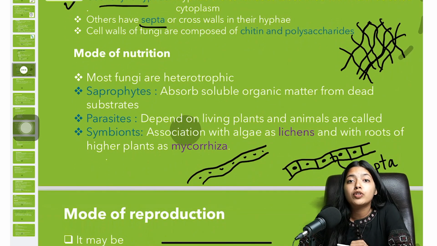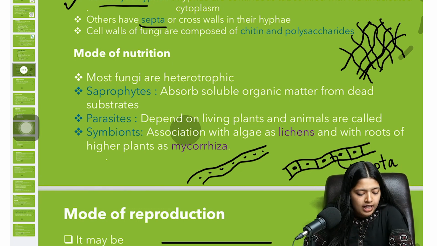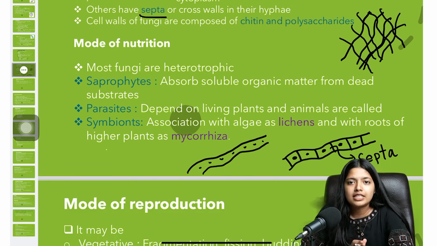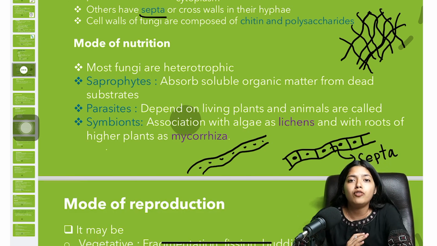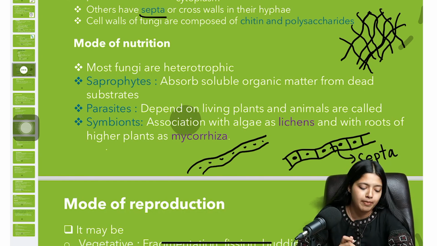Now, their mode of nutrition: how they get food and nutrients. In fungi, first, it is heterotrophic. That means it depends on other organisms for food. It cannot make food by itself. Then the mode of nutrition is of three types: saprophytic, parasitic or symbiotic.